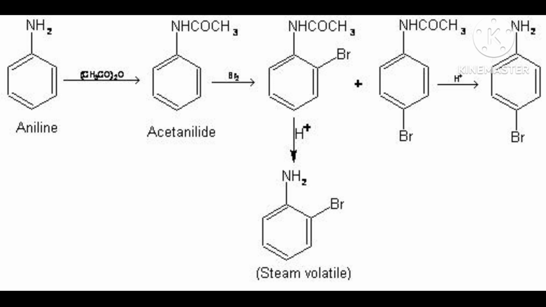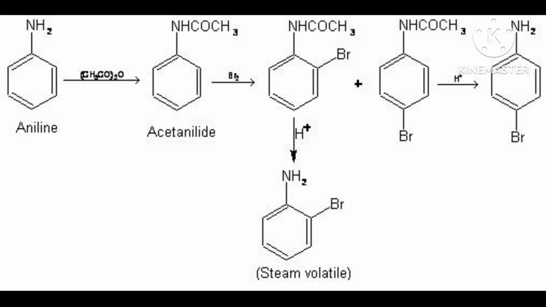Then when hydrogen has gone as H plus, the carbon becomes negatively charged. NO2 is positive, NO2 plus, so it will make a bond. NO2 will join with that carbon. In this way NO2 is introduced into the benzene ring.